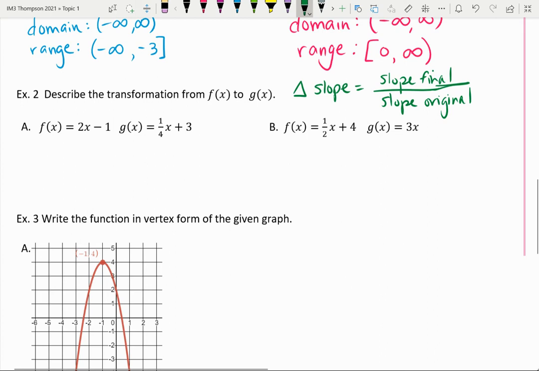I'm going to take 1/4, which is my final slope, divided by my original slope, which is 2.